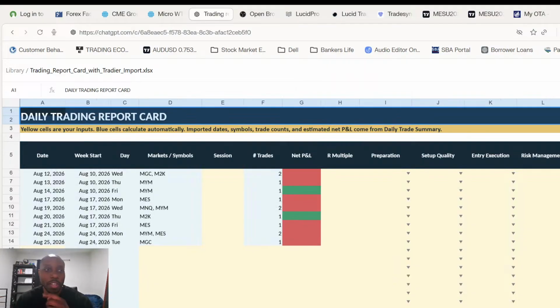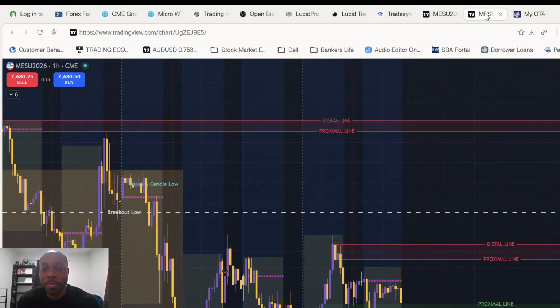I just got to input the data. This isn't accurate because it's missing days before the 12th of August, but I'm not even going to include all of this stuff. It'll be here, but starting today, the 26th of August is day one of me really tracking data on my own, outside of just TradingView and the information that they provide.